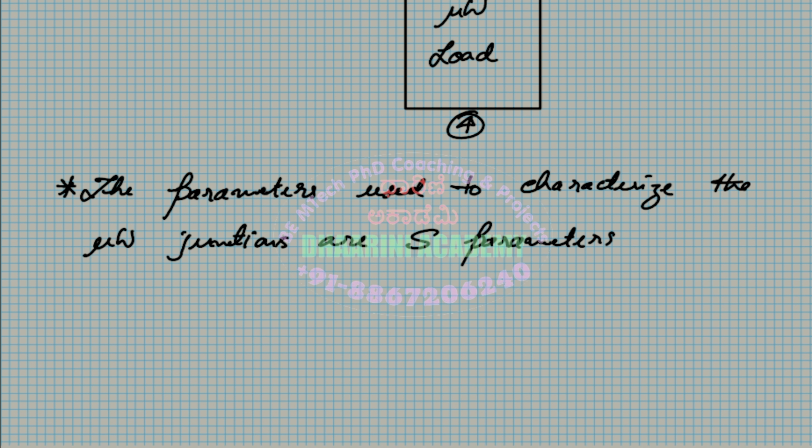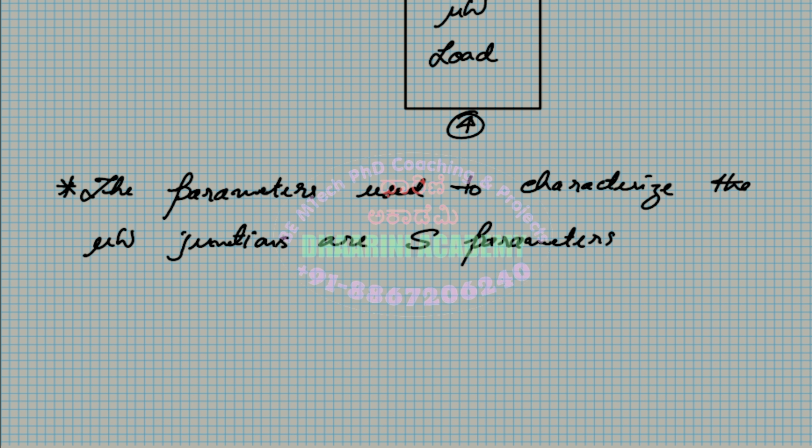All right, so let's try to explore this further. Now, in case of our junction which was considered in the previous diagram, we can observe that out of the four ports, one port is the input. We can apply the input to any of the ports. What are the total combinations?